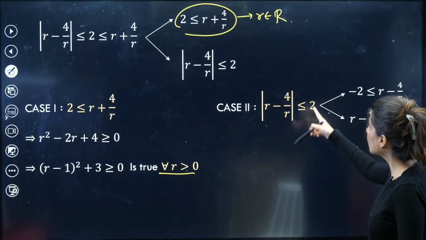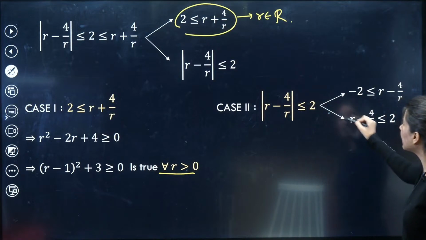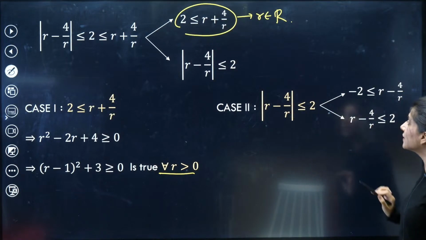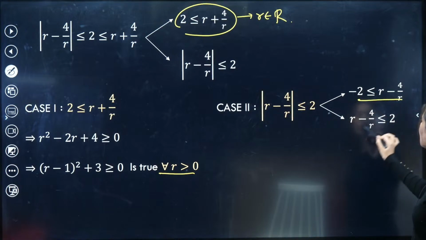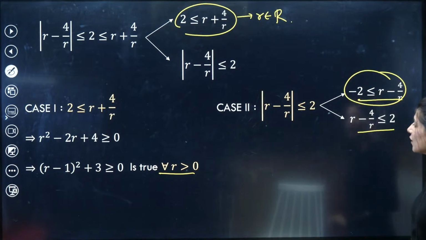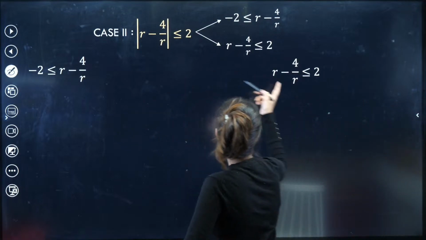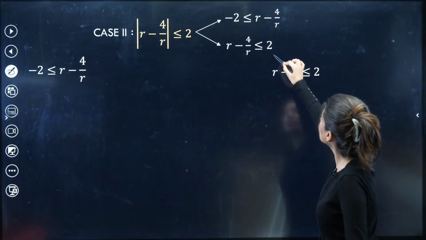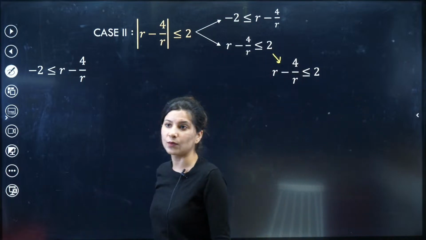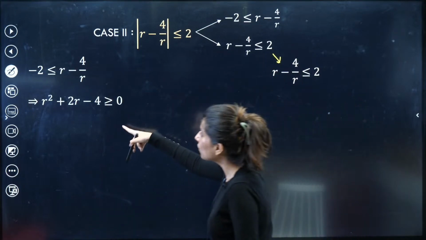What about case 2? Case 2 actually gives me two things: one for the positive modulus and one for the negative modulus. If I open the positive modulus, this is positive and this one is negative. Sorry, this is positive and this is the second one.